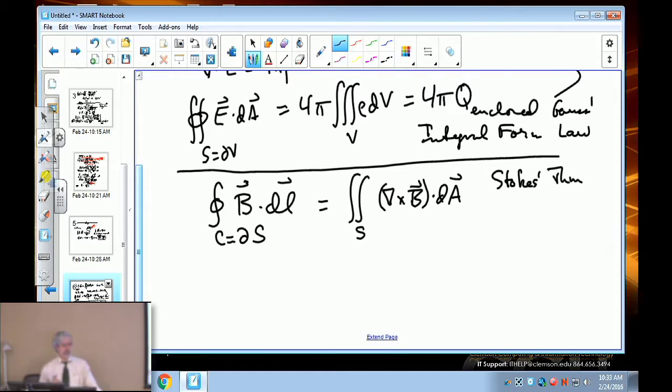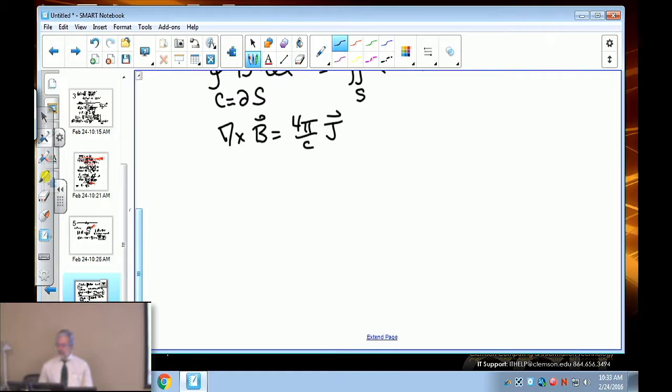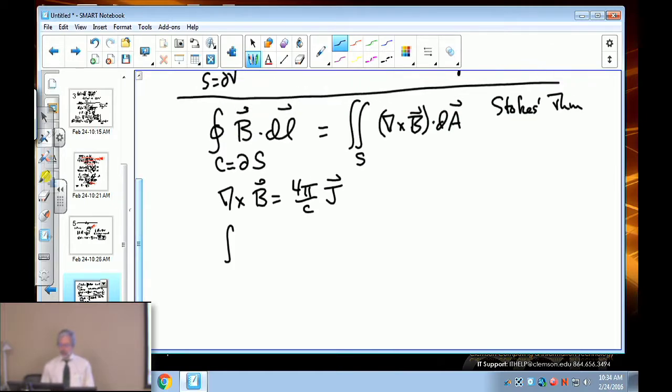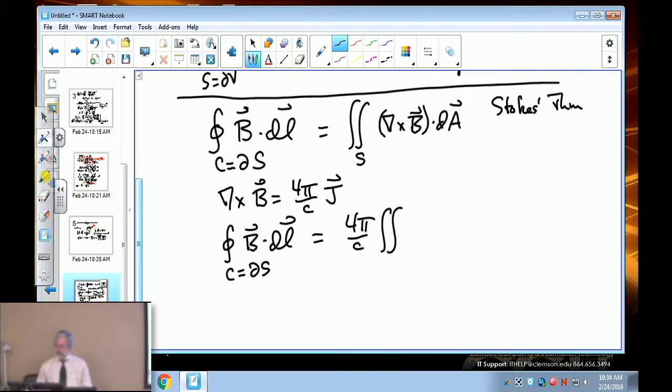But I'm going to now say, let's use this on the magnetic field by recalling Maxwell's equation for magnetostatics, which is that the curling of B is caused by a current density. And if I substitute that into Stokes' theorem now, I can see that the circulation of the magnetic field around an imaginary loop, and now I'm going to integrate J dot dA, but that's the total current that pierces that surface.